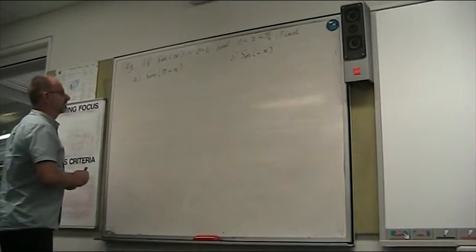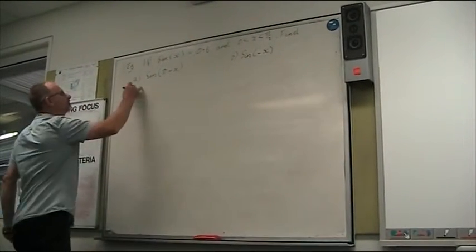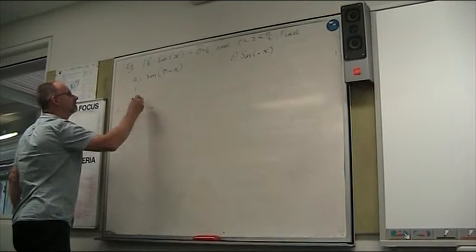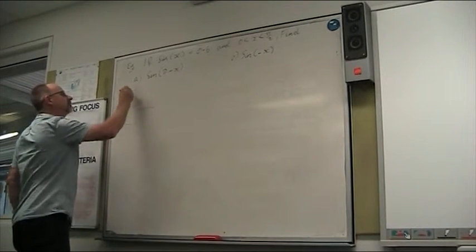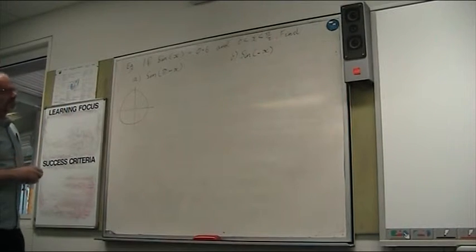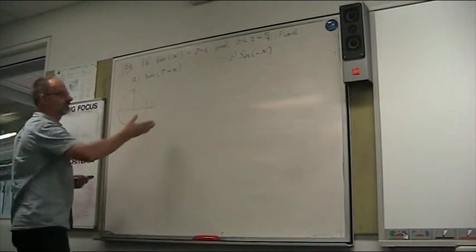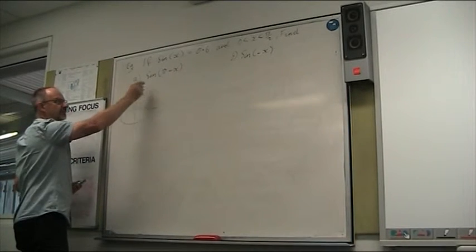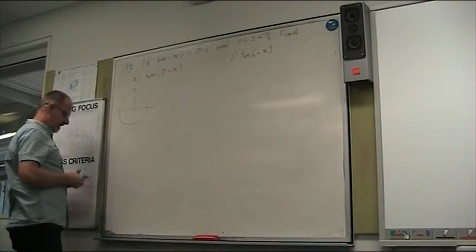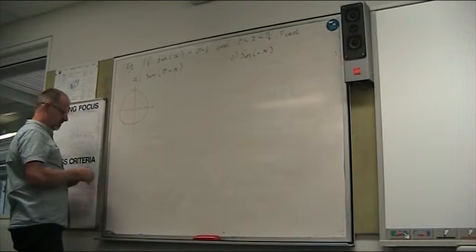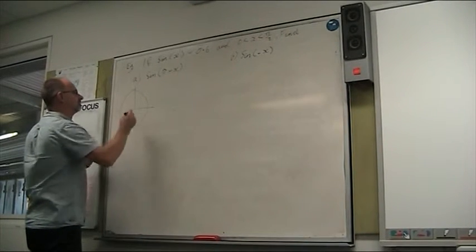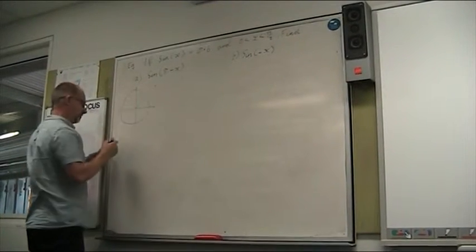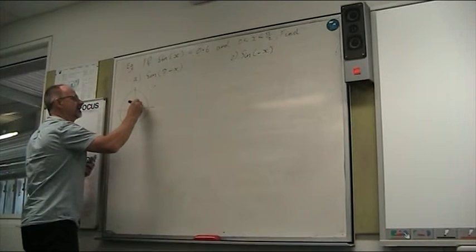So what does that mean? So what that means is this. If we have our unit circle, and we're told that x is some angle between 0 and pi on 2, this is the angle x here.